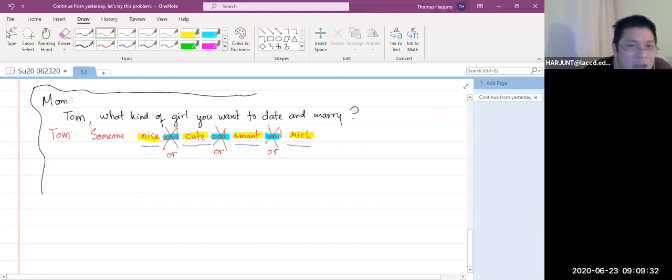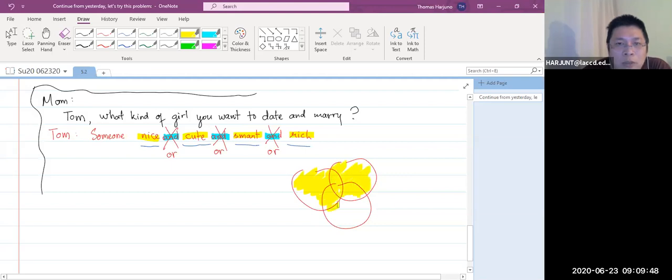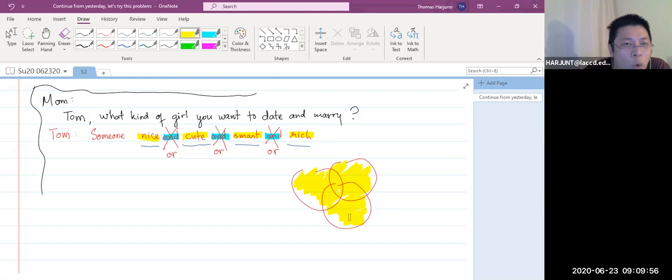Guess what? In a couple months, I date somebody. Why? Because when you use the word or, it means as long as it satisfies one of the requirements, you count it in. See, my probability gets a lot larger when I use the word or.